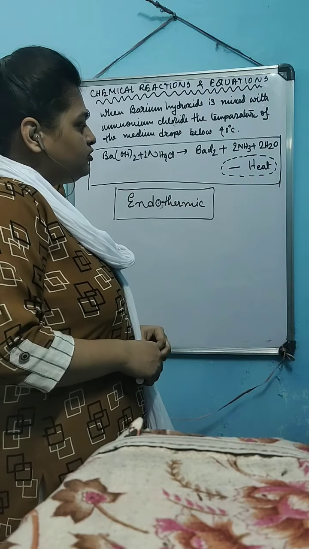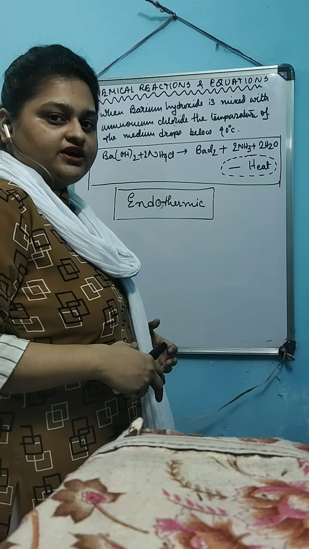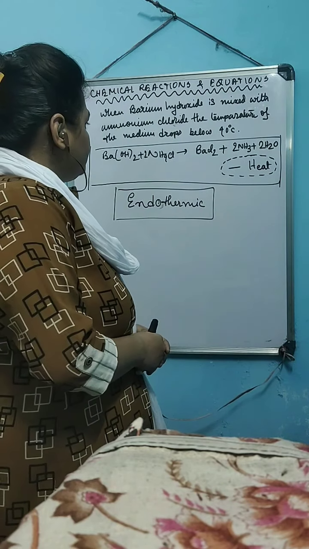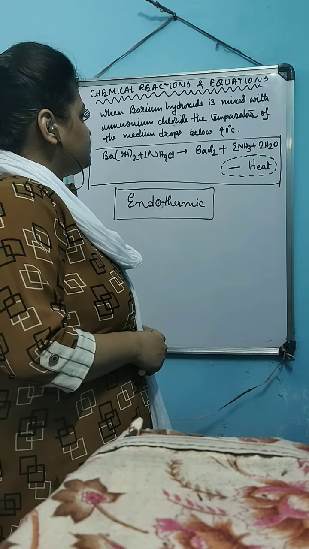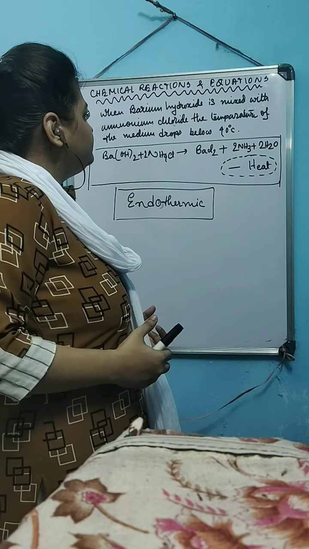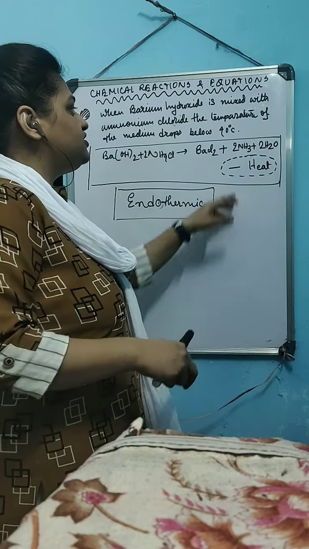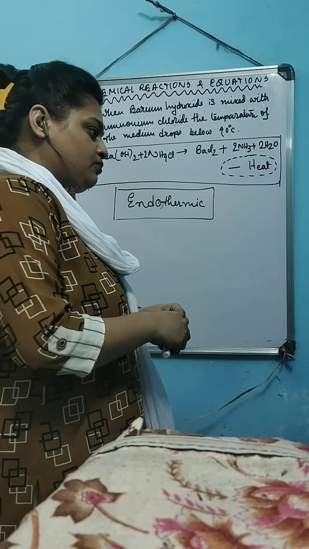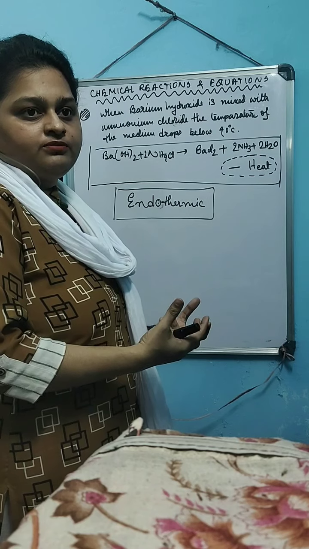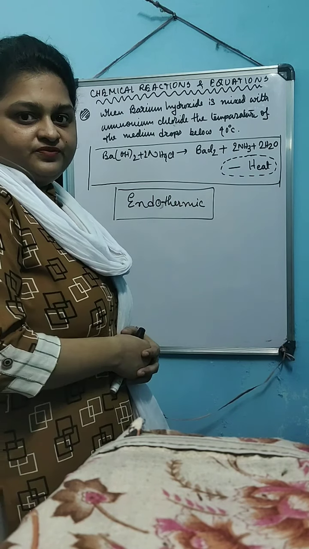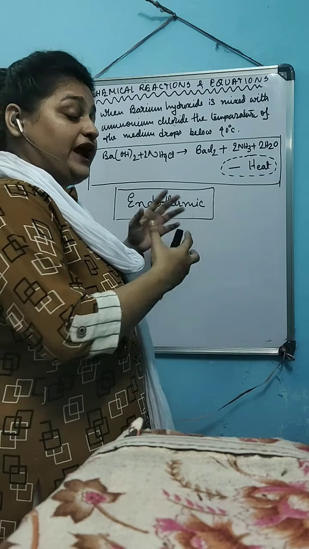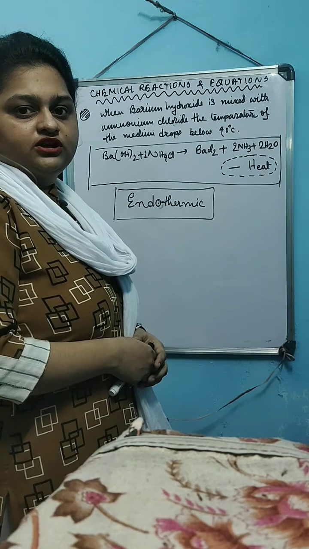As heat is absorbed, this is an endothermic reaction by definition. After the reaction, as heat is absorbed from the medium, the temperature of the reaction medium decreases below 40 degrees Celsius and the moisture in the atmosphere surrounding the reaction medium starts to freeze. That's why this is a very good practical example of an endothermic reaction.